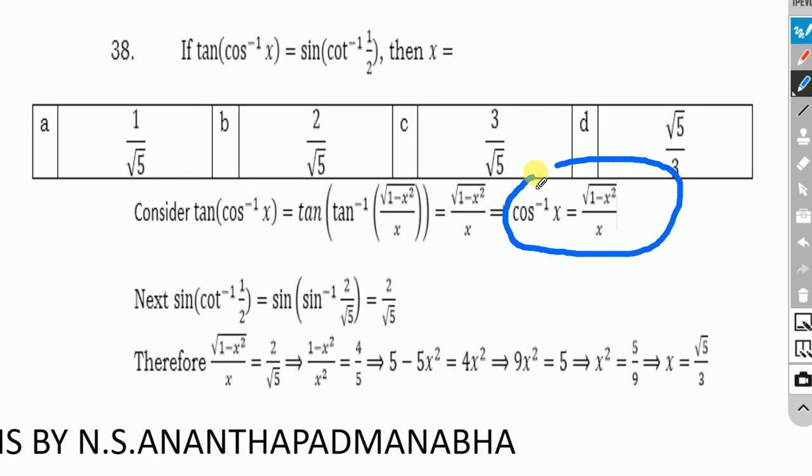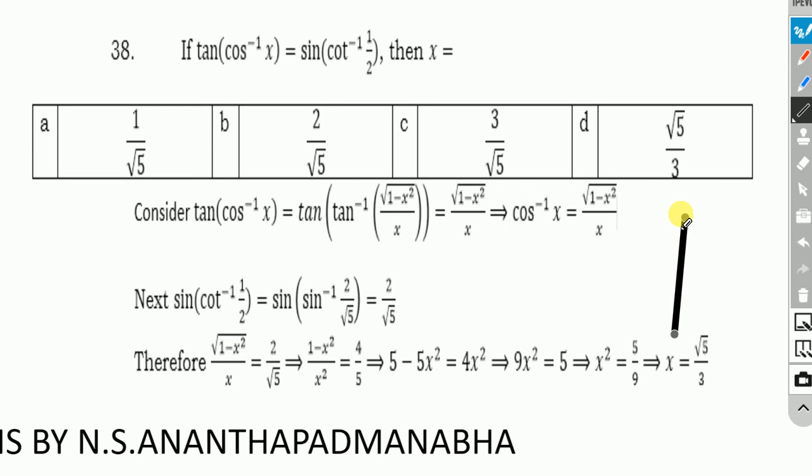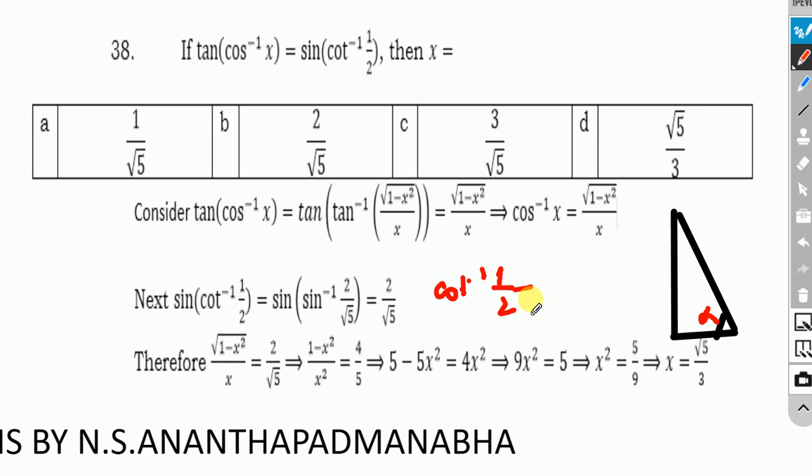I will consider a right angle triangle again. Let this be alpha, and I have cot inverse of 1 by 2 is equal to alpha, or cot alpha is 1 by 2.